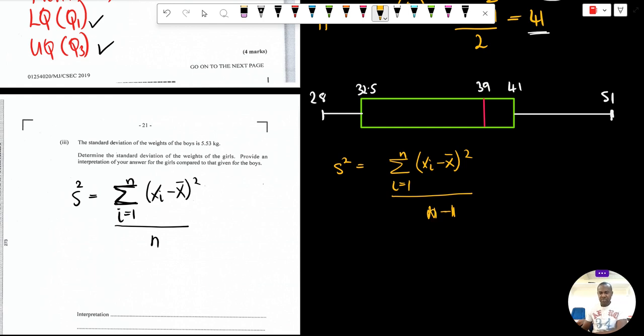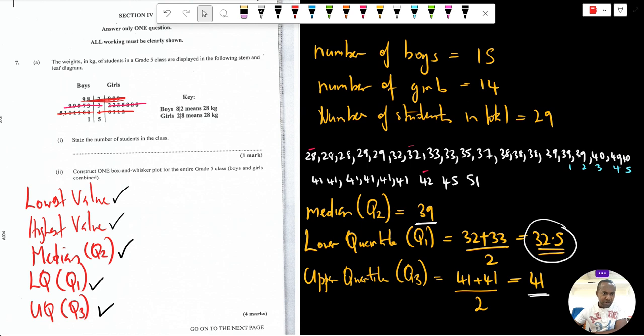Where n is the number of data points. So n minus 1. Now, it's going to give us a slightly different value, but of course, it is significant enough to note the difference, all right? Now, let's go ahead and look at the values for the girls, all right?